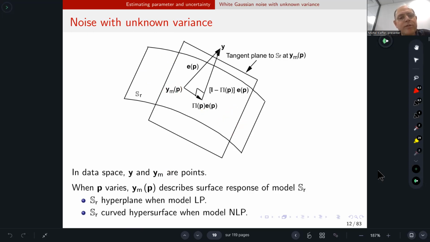This is the surface response of the model. When the model is linear in the parameter, we have a hyperplane. And when the model is nonlinear in the parameter, we have a hypersurface. And the maximum likelihood estimation in that case corresponds to the projection of y on the surface response of the model. Typically, we obtain that point here.